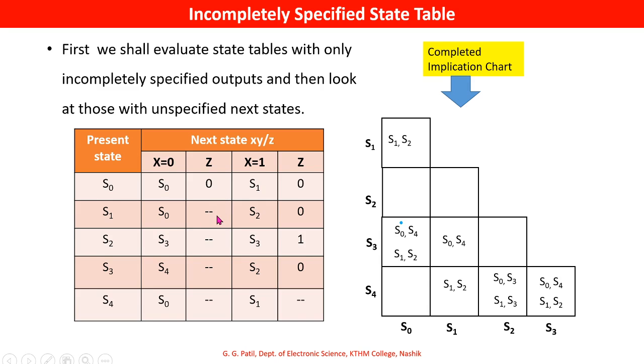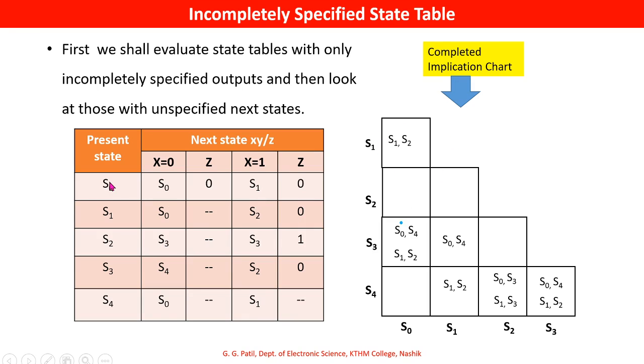Here we can specify 0. Therefore S0 can be compatible to S1. The outputs can be the same, and the next states, or the potentially implied states by which they can be compatible, are S0 S0, the same state, always compatible, and S1 S2. So the state pair S1 S2 is written.